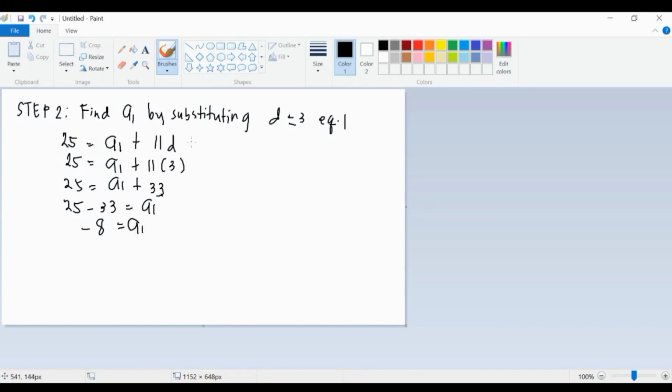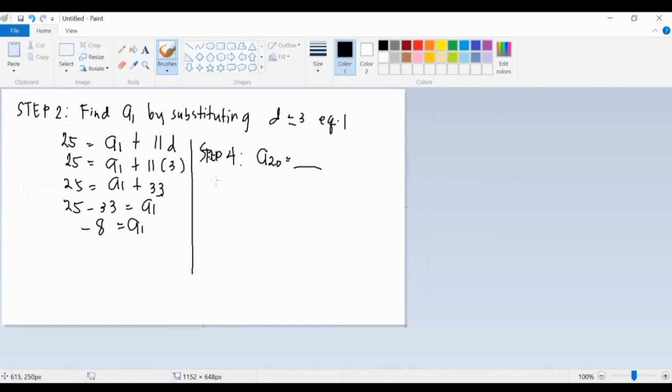Now, what is our step 4? For our step 4, we're going to find the 20th term. So that's the problem here. Find the 20th term, so the a sub 20. We're talking about here the harmonic sequence.